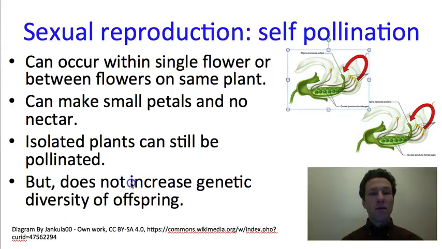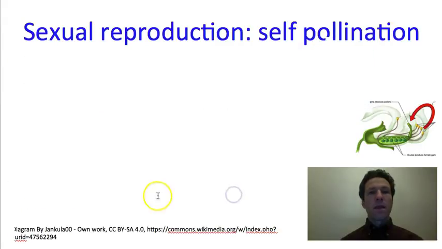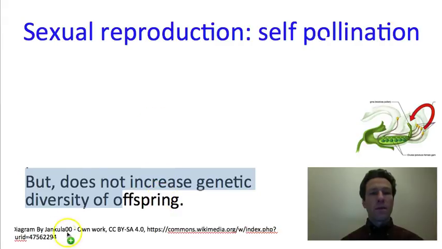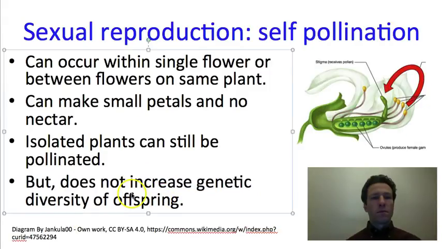So that's our last bullet point down here. We do not get increased genetic diversity as a result of self-pollination. In other words, this is pretty similar to asexual reproduction.